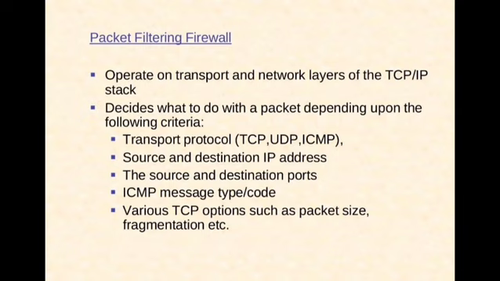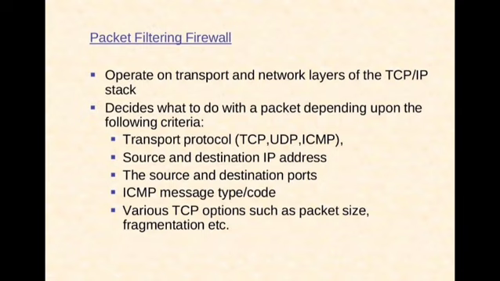So, packet filtering firewalls operate on the transport and network layers of the TCP/IP. Their primary function is to inspect individual packets and decide whether to allow or block them based on specific criteria.